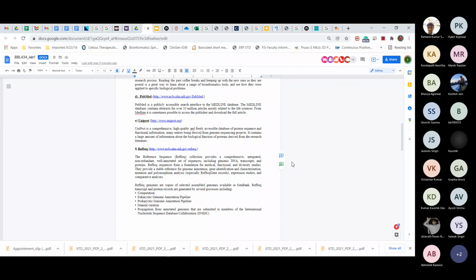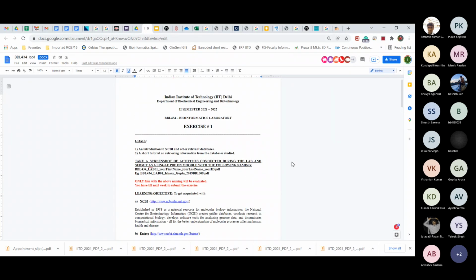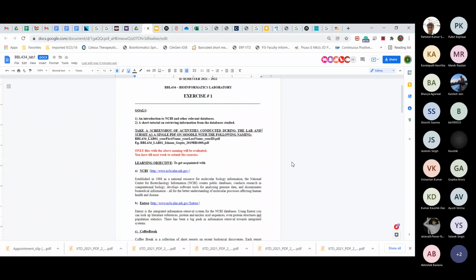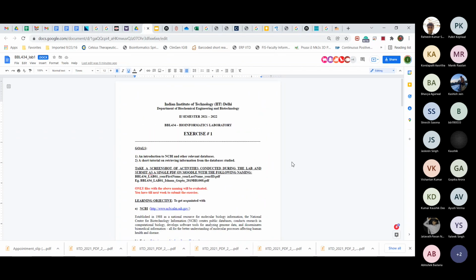Meanwhile, the people who have clicked on this, kindly go through the learning objective today. The goal is a short introduction to NCBI and other relevant databases. This is basically a database for most biological information that we'll be working with in this course, and a short tutorial for retrieving information from these databases.